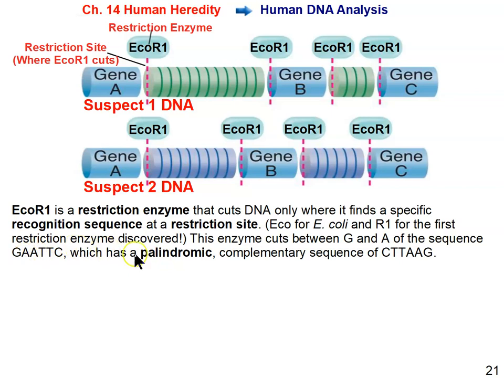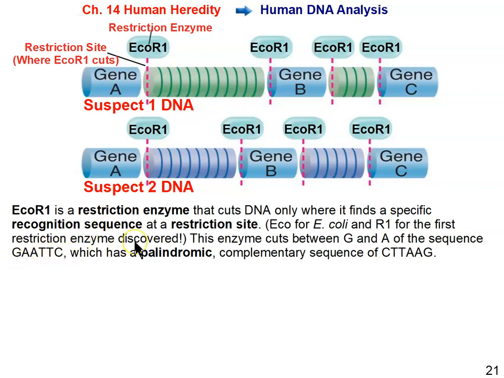And these sequences are palindromic, meaning that, if you think of this as being a double helix, there is GAATTC maybe up on one strand, and then on the other strand there would be CTTAAG, which is the palindrome of GAATTC.